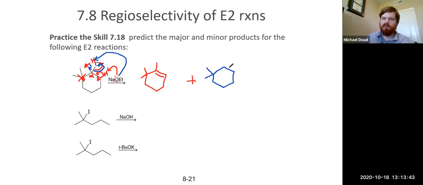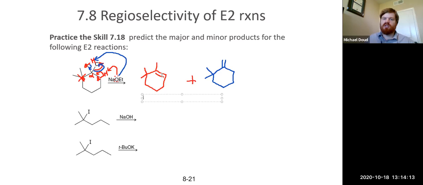Now, what was a methyl group is now an alkene that's pointed up here. Oops, let me try one more time on that one. There we go. Let's try to draw a straight line here. All right, so this is our new alkene up here. Now, what I want you to do is identify the Zaitsev and the Hofmann product.